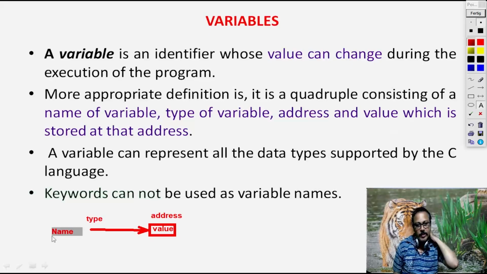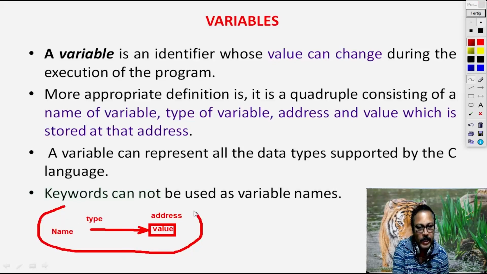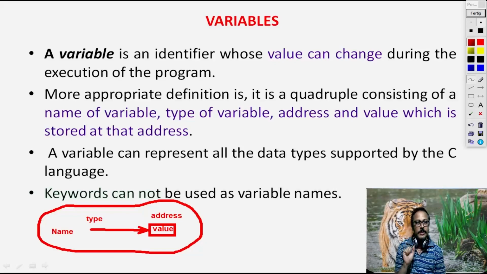That means it has a name and an associated type. This name has an associated type which indicates the type of the value that is stored at this address. So all these combined can be taken as a variable: a quadruple consisting of the name of the variable, type of the variable, address, and value which is stored at that address.